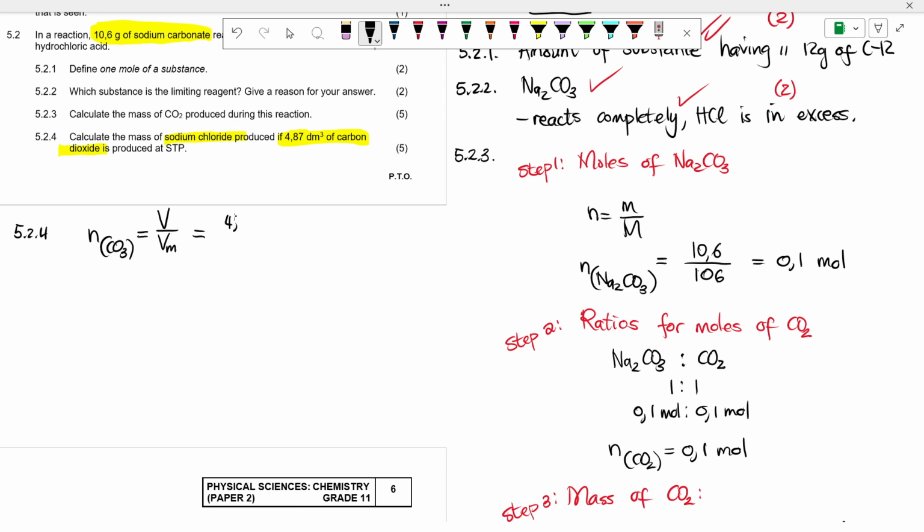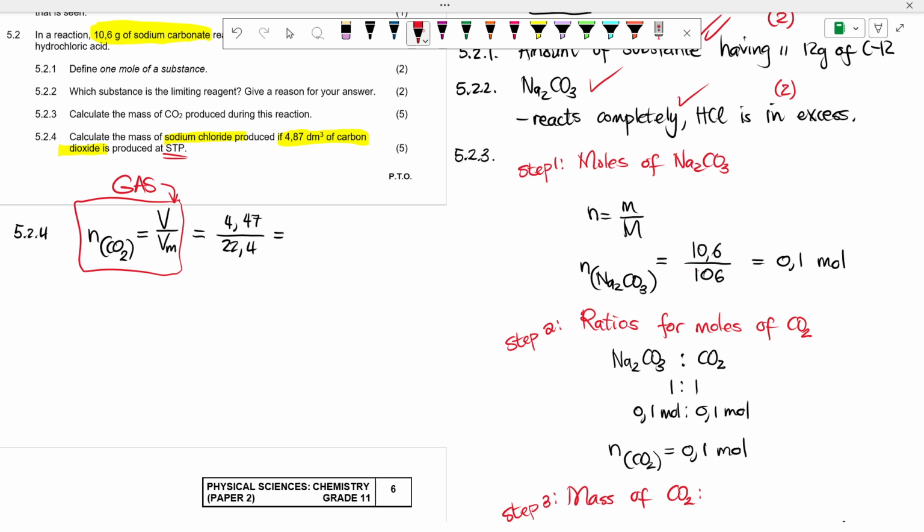So we need to use whatever they give us, 4,87 over, they didn't specify Vm, so we're just gonna take it from the information sheet, and that value is 22,4. But very importantly, again, we use this equation only when we are dealing with a gas. Doesn't matter if they say it's STP or not. As long as it's a gas, we can use this equation.